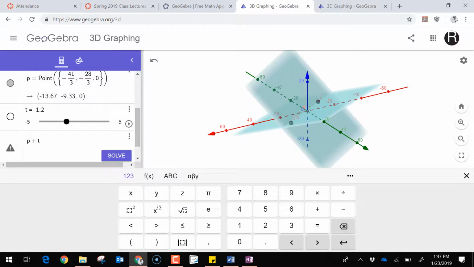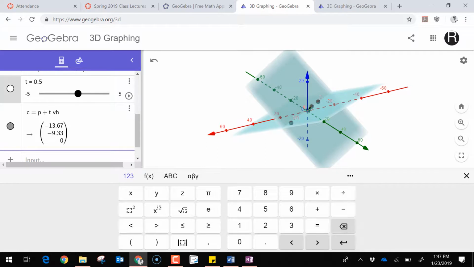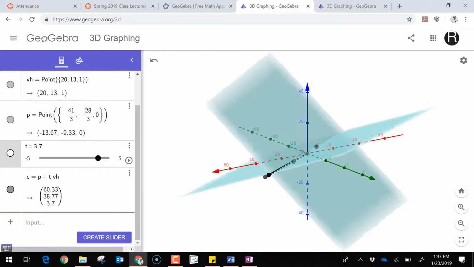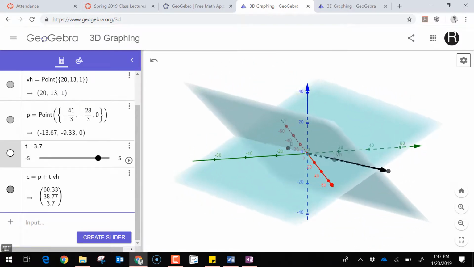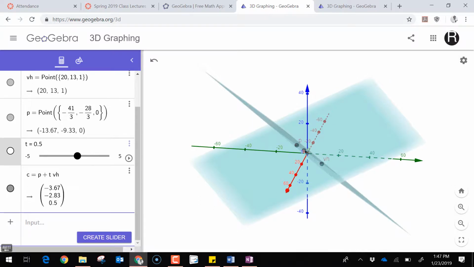P plus t times vH. So you can see that whatever value we choose for your parameter, we're always going to be in that intersection, even if the things got shifted. Okay? All right. Any questions? Whew.